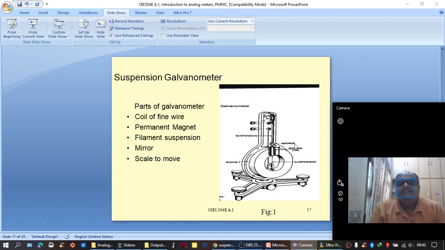If the angle of vision is exactly 90 degrees, there won't be an error. If the angle of vision is not 90, either less than 90 or greater than 90, then definitely there will be some error in the measured reading.